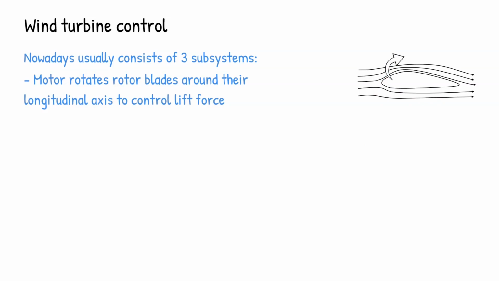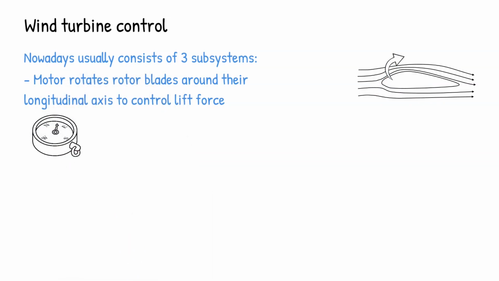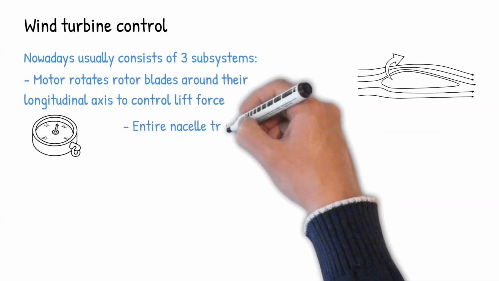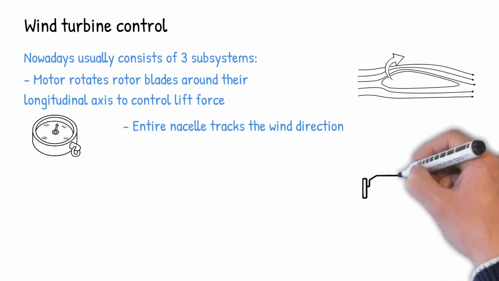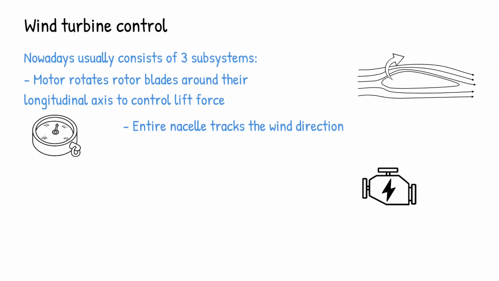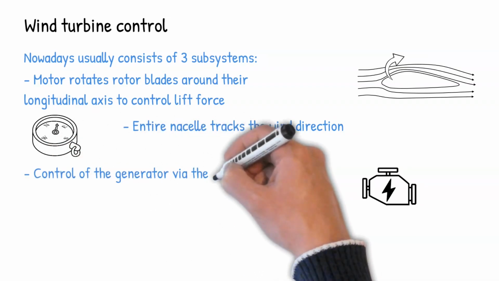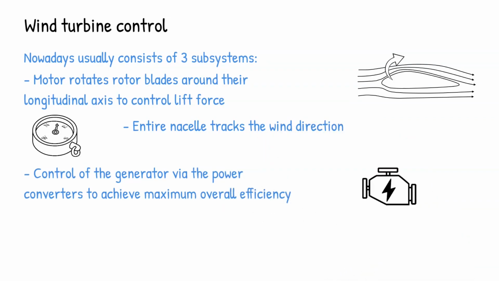The second subsystem tracks the entire turbine to the wind direction so that the wind turbine always aligns itself perpendicular to the wind, providing maximum power. Another controller influences the generator's power electronics so that torque and speed are set ideally and independently of the frequency of the power grid to maximize the efficiency of the overall system.